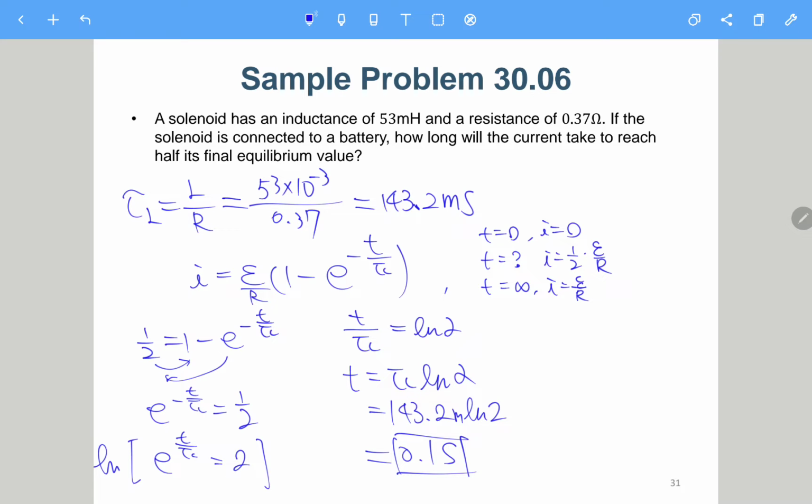So this is not difficult, but you need to apply the equation here and know what the equilibrium is and what half of its equilibrium is. Okay, so any questions?